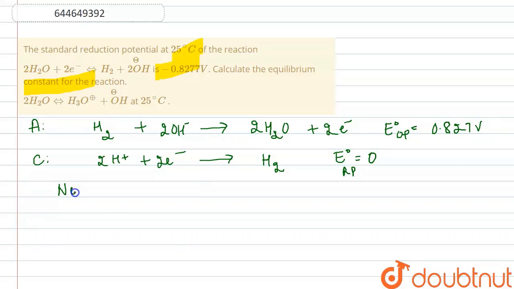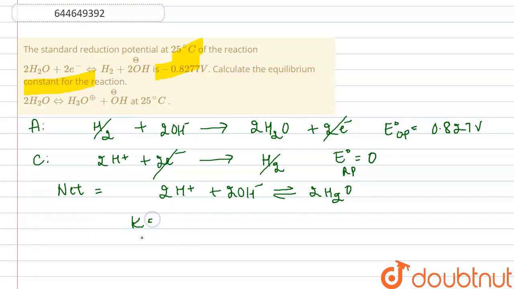So it means that the net reaction here will be equal to what? The net reaction will be adding these two reactions. So 2 electron and 2 electron will get cancelled here, and H2 and H2 will also get cancelled here. So the net reaction will become 2H plus 2OH negative giving 2H2O.